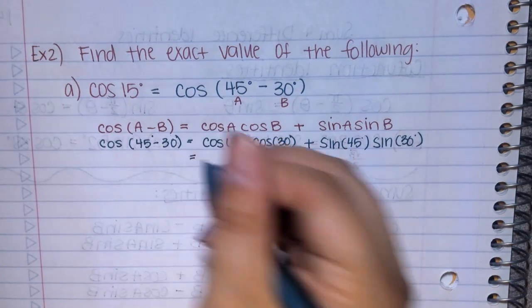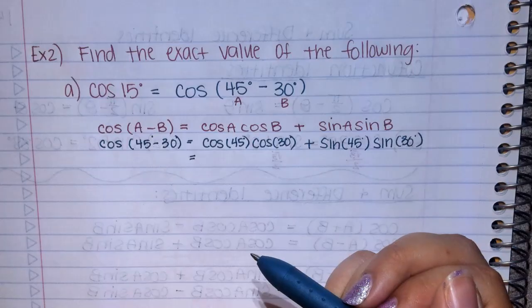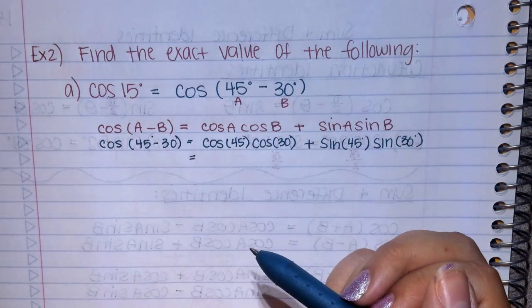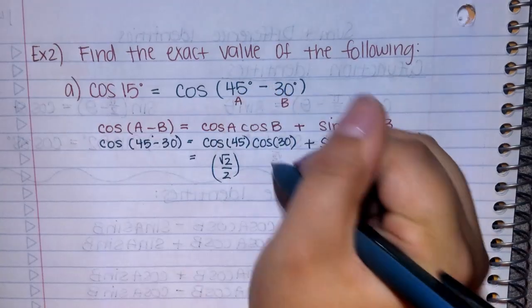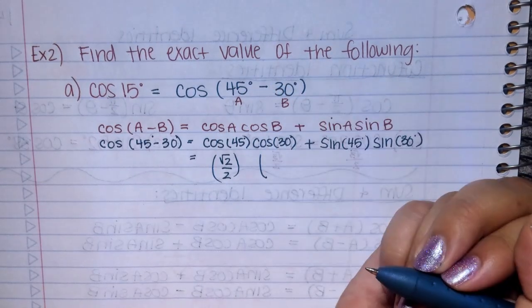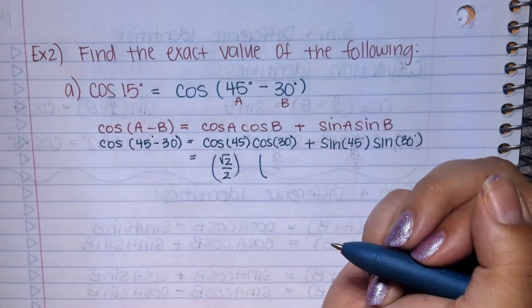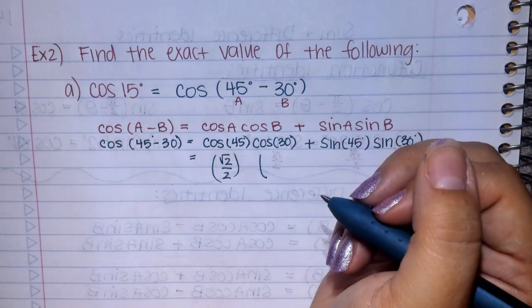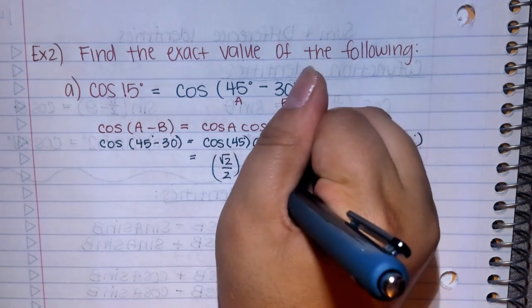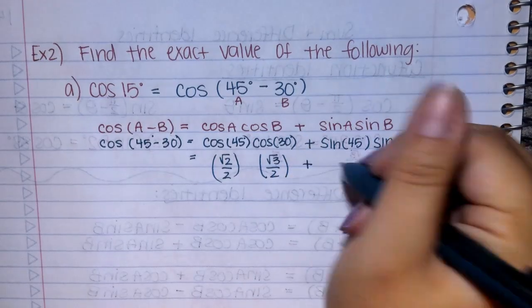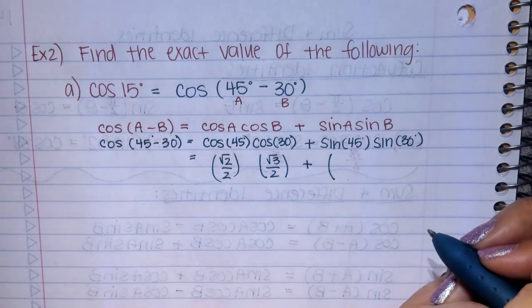All right, y'all. What's the cosine of 45 degrees? Root 2 over 2. What's the cosine of 30 degrees? Root 3 over 2. Plus, what's the sine of 45 degrees?